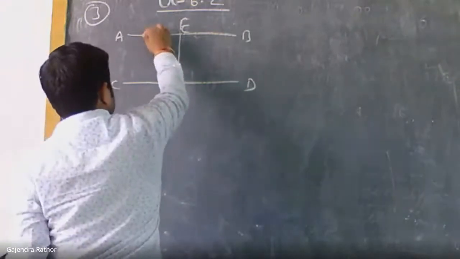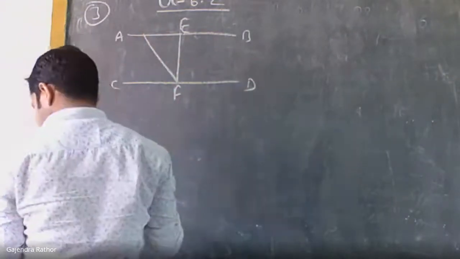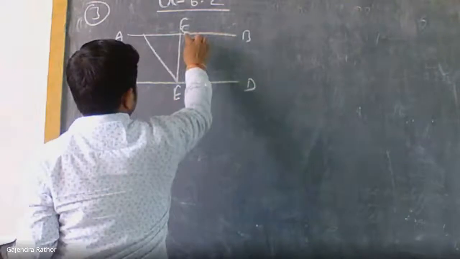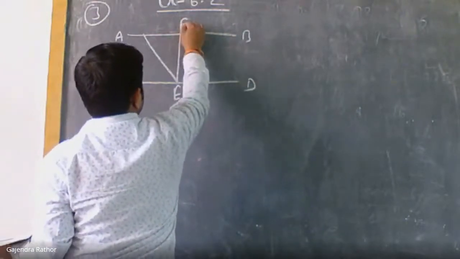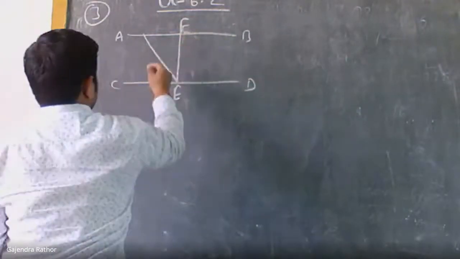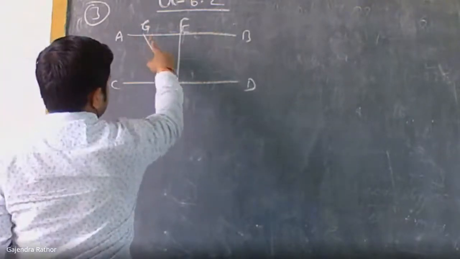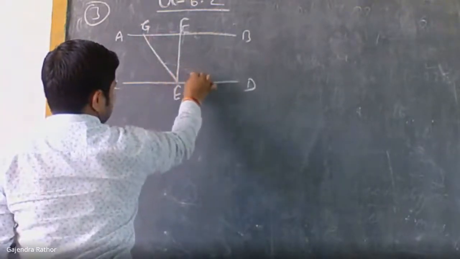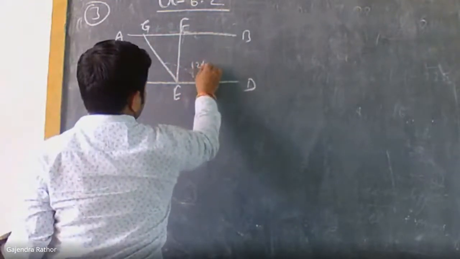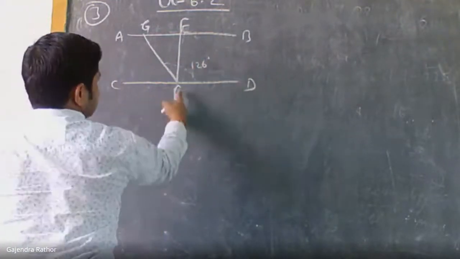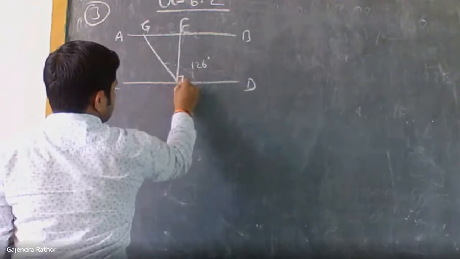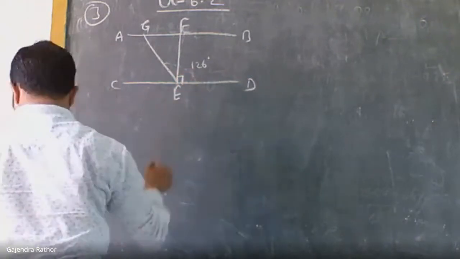One ray G. Sorry, this is E and this is F. Angle, this point is G, angle GED. This complete angle is 126 and this is the perpendicular, so this is 90 degrees.